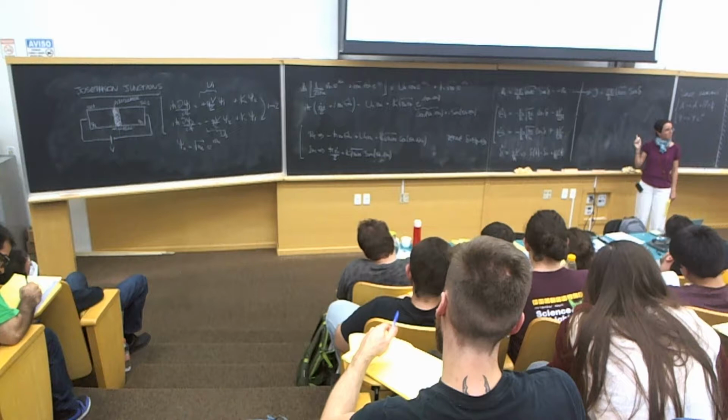And we can do the same and analyze what's the changing phase going through the other part of the loop. We'll have the phase associated with the junction, but again, the phase associated with the path.